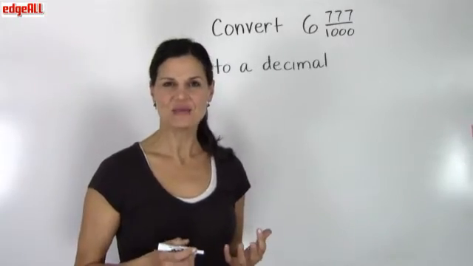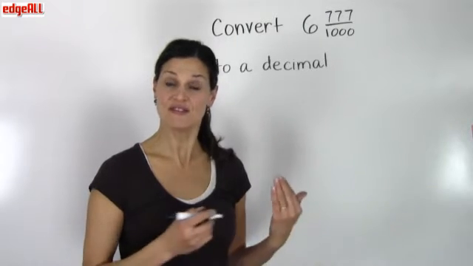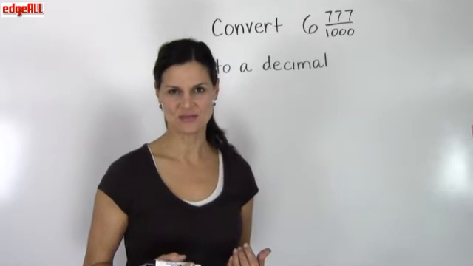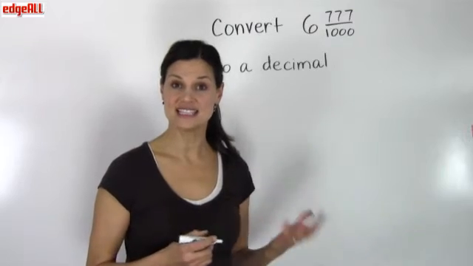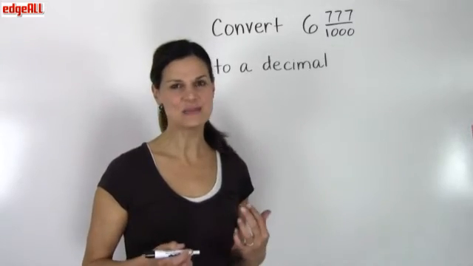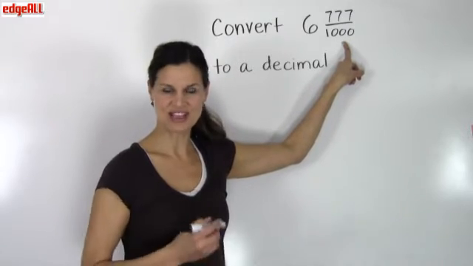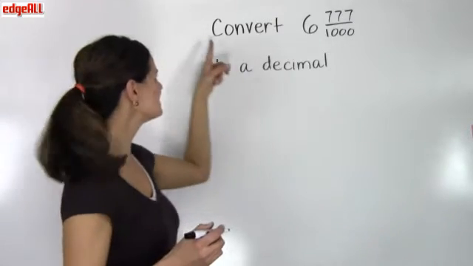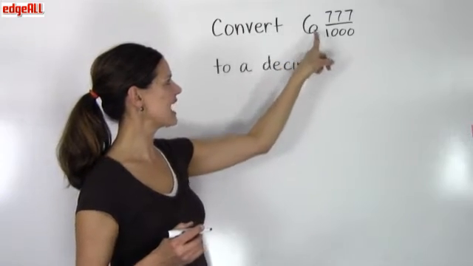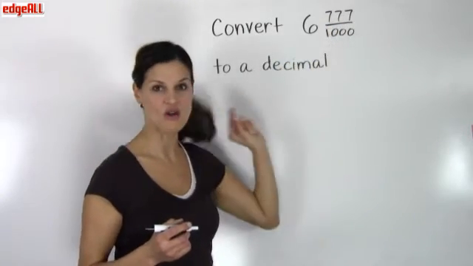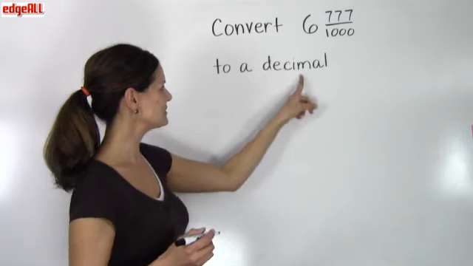We're now going to look at a problem in which we convert a fraction to a decimal. Converting fractions to decimals can be really simple when the denominator of our fraction is a multiple of 10. So our problem says to convert 6 and 777 over 1,000 to a decimal.